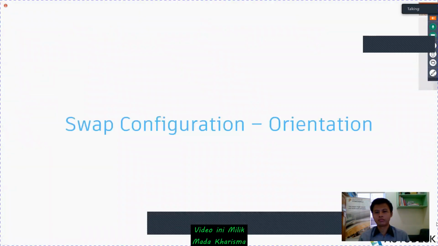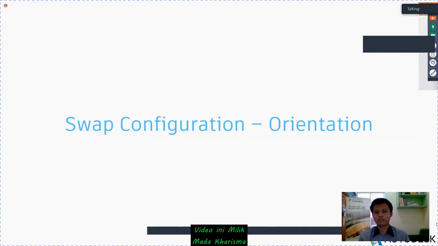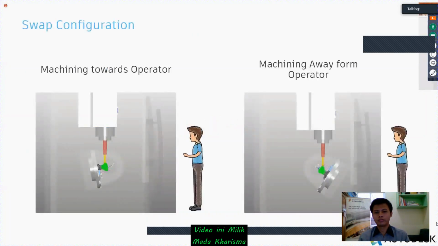Here I'm moving into one important thing, actually swap configuration. Swap configuration is nothing but, look at the picture here, left and right. The operator is standing in the same position, but look at the toolpath generated.